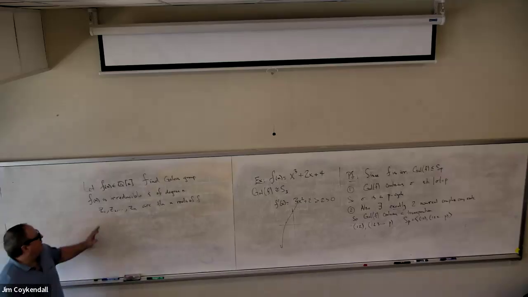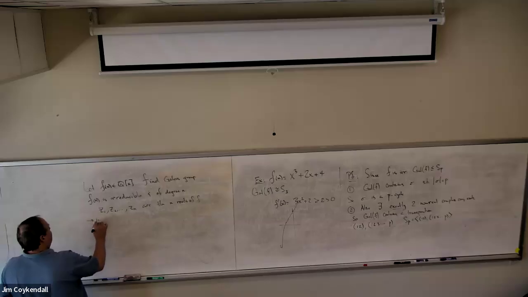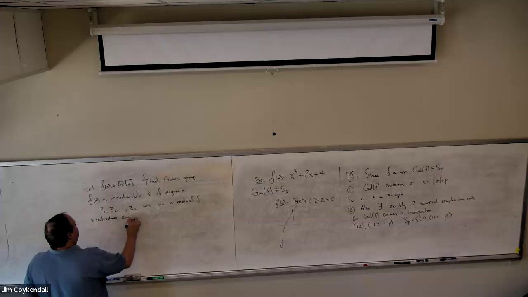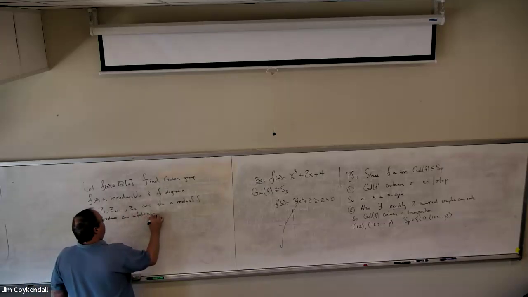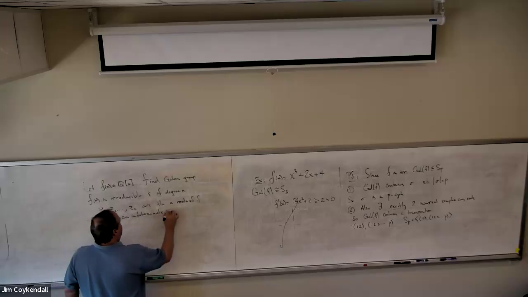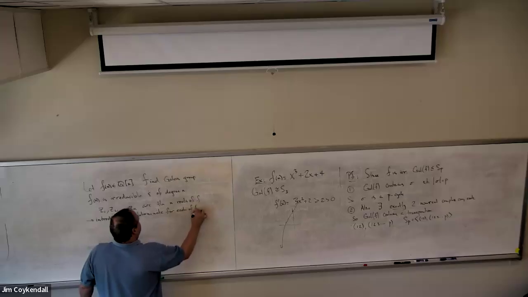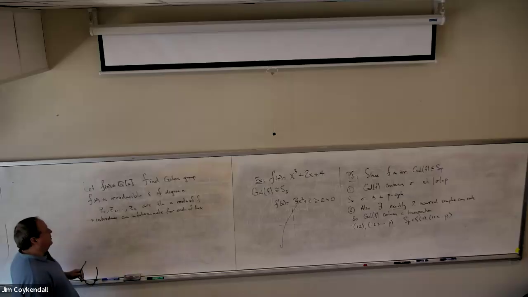And for each one of these, I'm going to introduce an indeterminate. So I've got n roots, they're distinct because f is irreducible.